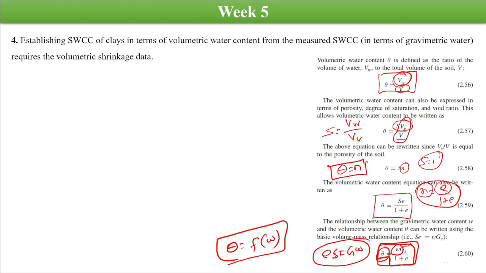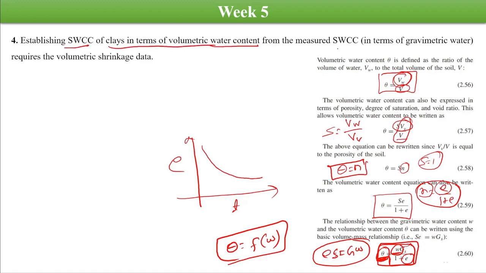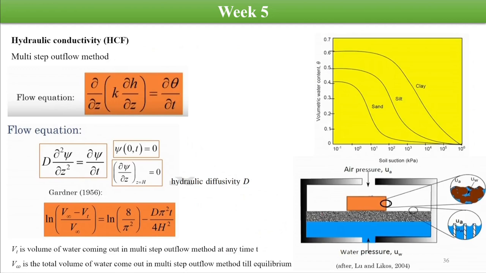To obtain the volumetric water content from the gravimetric water content, we will need to have the value of the void ratio, and to obtain the value of the void ratio over time, we will need to observe the soil shrinkage curve, that is e versus time. So this is right: to establish the soil water characteristic curve in clay in terms of volumetric water content from the SWCC in terms of gravimetric water content, we will require the volumetric shrinkage data.